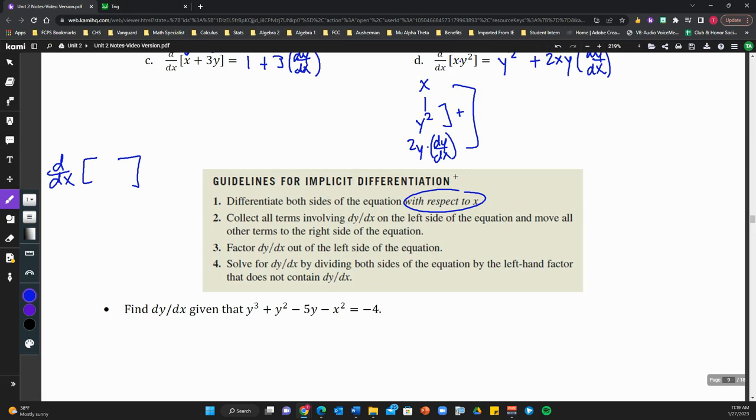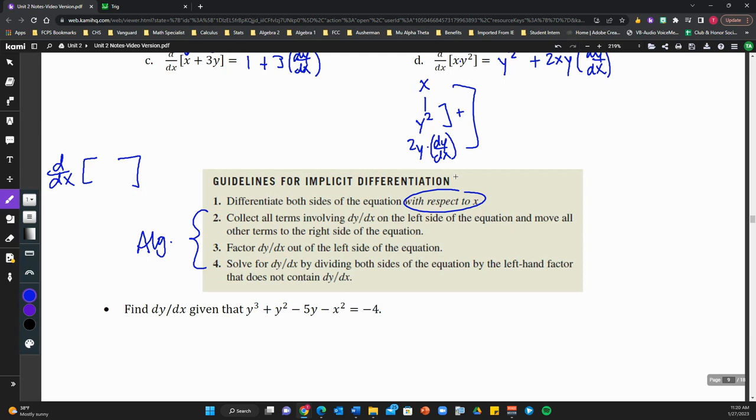But once all the calculus is done, these three steps are all about algebra. There's no calculus involved after we take the derivative. So the rest of this gets a little complicated. Our goal is to actually end up with a derivative equation, so dy/dx isolated. That means the other side can be a mixture of x's and y's, but we actually do want dy/dx by itself.